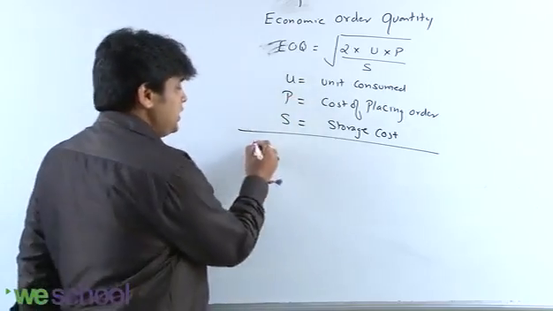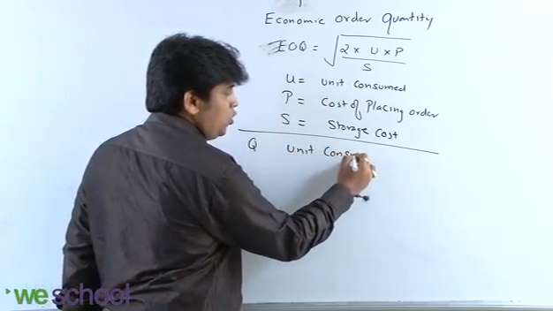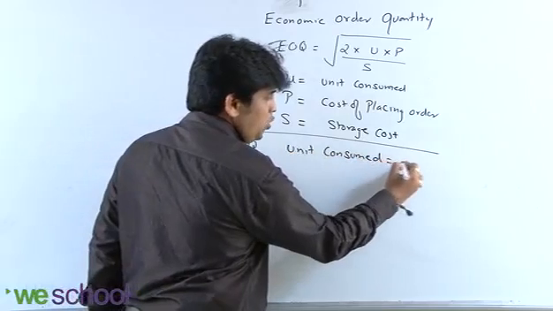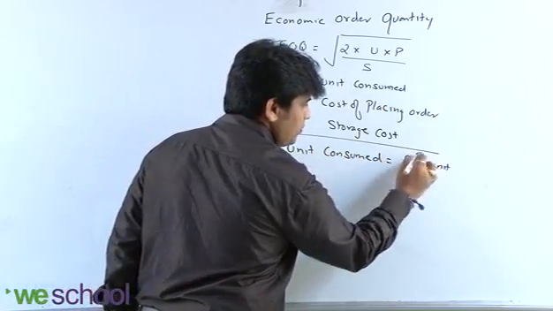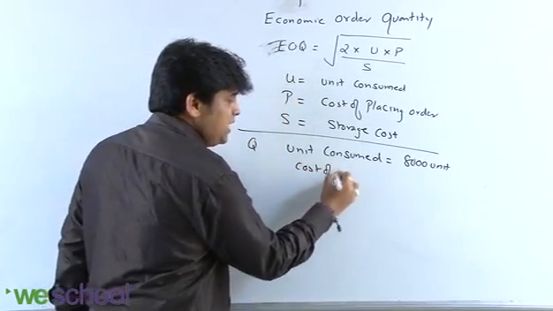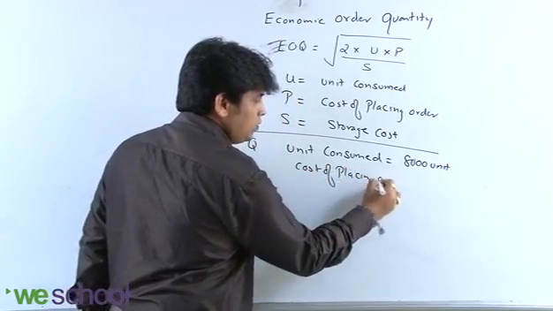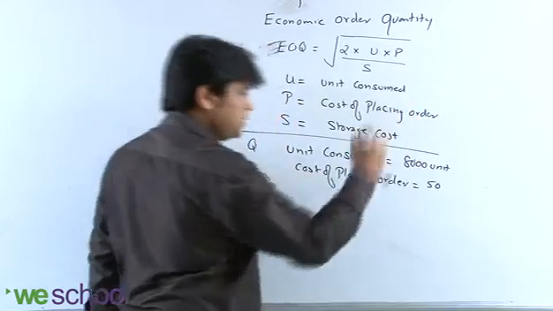Okay, now question is, units consumed by the company during the course of business is equal to 8,000 units. Cost of placing order is equal to 50 rupees.